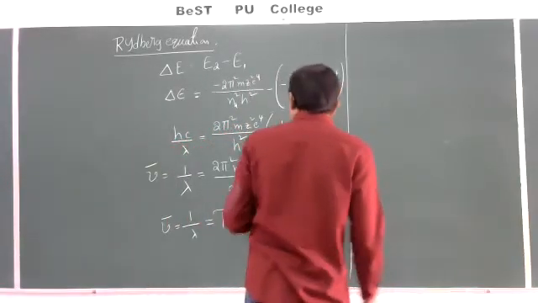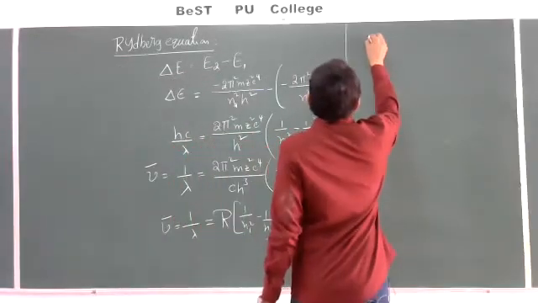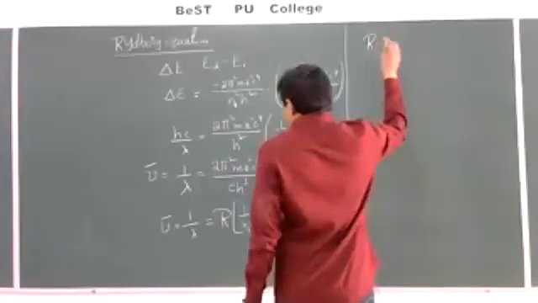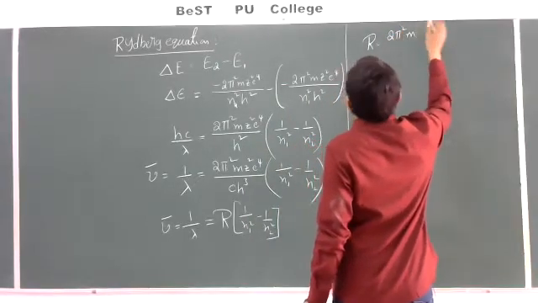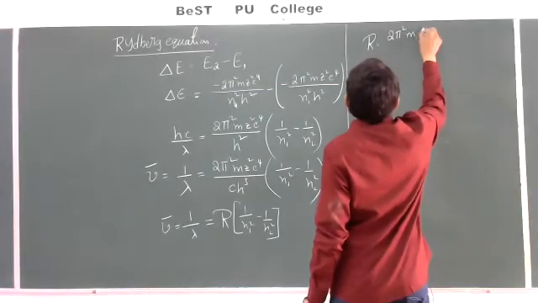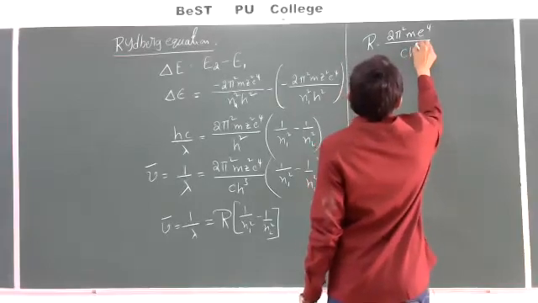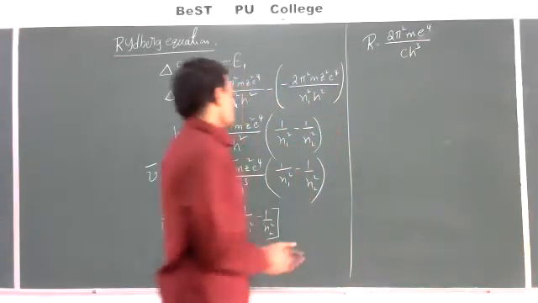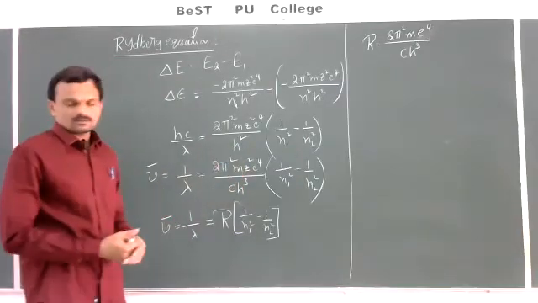For hydrogen, Z is taken as 1 only. So the expression for R here is 2 pi square m e power 4 by c h cube. Z is variable here, so for hydrogen, Z is taken as 1.